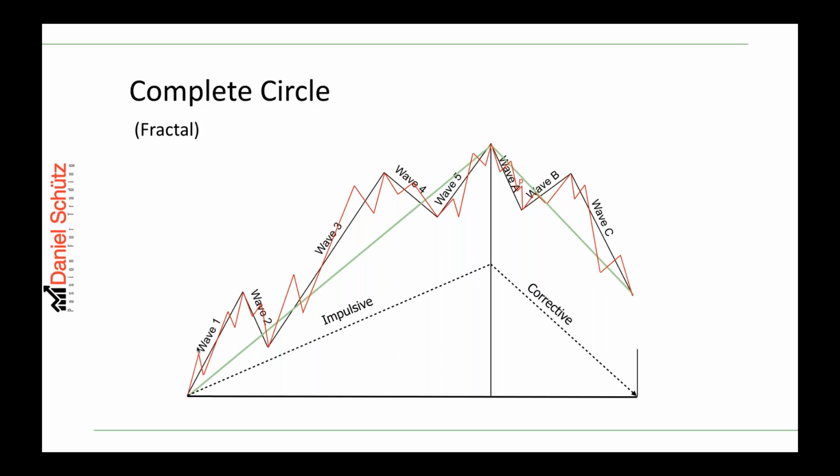Even if we break down wave 1 more, then we see on that wave 1 another 5 up, 3 down, 5 up, 3 down. And that is what makes Elliott wave really complicated for newbies, because they never know where they are at the moment. Am I at wave 1, at wave 3, or what is it?